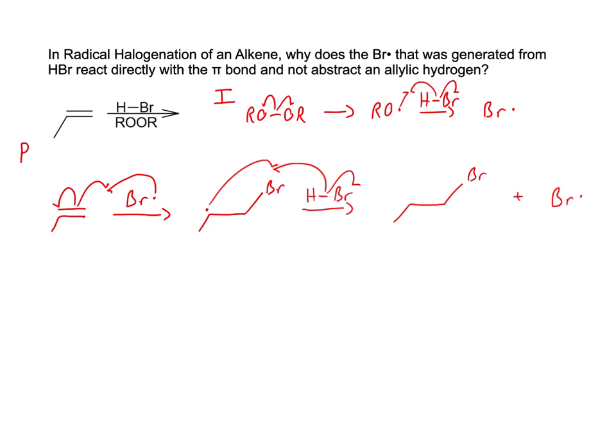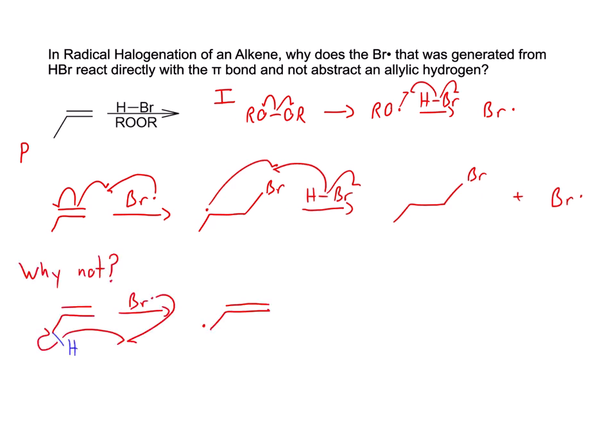Then, to continue propagation, that radical abstracts a hydrogen from HBr, giving us our final product and another bromine radical, which we can use to continue this reaction. But the question is, why does that happen, and why don't we get this other pathway as shown here?